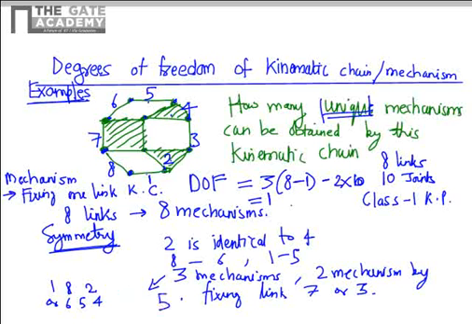So there are a total of 5 unique mechanisms that can be obtained from this kinematic chain. So the answer is 5.